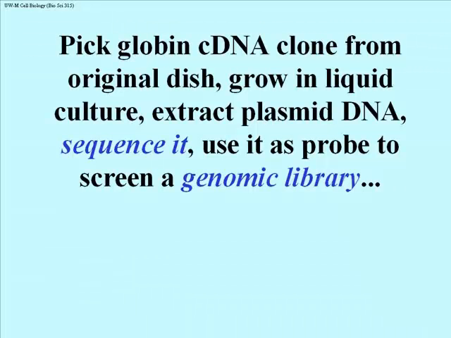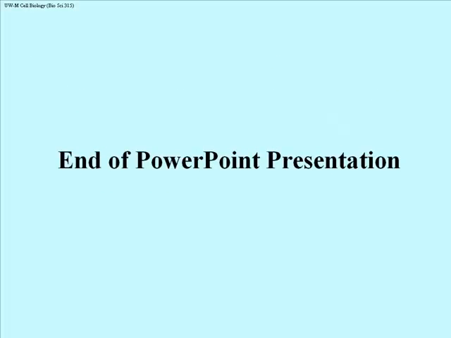Hence the need to isolate cloned genes, not just the cDNA copies. But the first step is often making cDNAs from isolated mRNA in order to create a cDNA library, screen it, pull a clone, and use it either to sequence it directly, just to know the sequence, or use it as a probe of a genomic library. So that brings us to the end of this presentation.